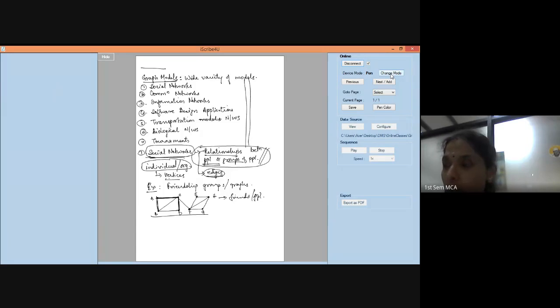All right. Now, you can take one more example under social networks, which we call an influence graph. Influence graph means what? When you take up some studies on management, you will come to study what is called group behavior. That means it is observed that certain people can influence the thinking of others.